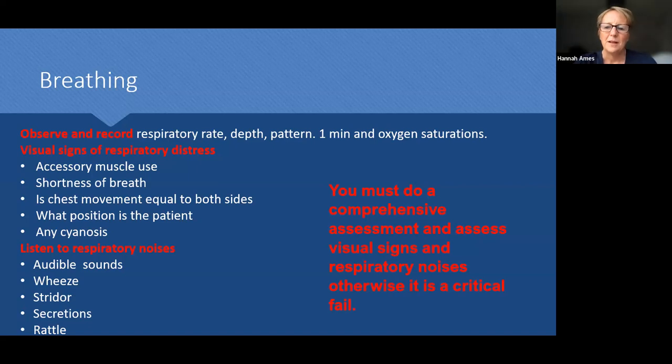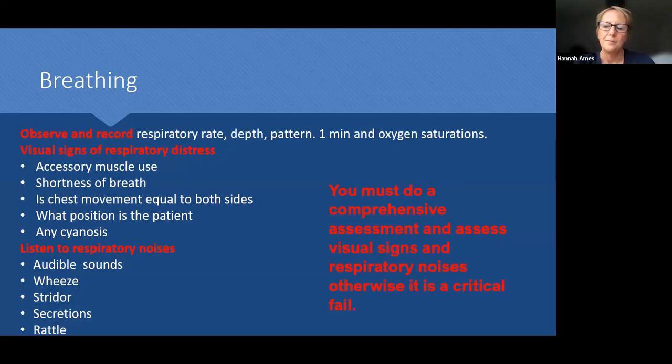During that 1 minute observation, you're also going to observe for any visual signs of respiratory distress, confirming if there were any or if there weren't any present. So you want to confirm that there was no use of accessory muscles, that the patient wasn't cyanosed, no seesaw breathing. You want to make sure and verbalise whether there was equal air entry in the chest. You don't have to listen with a stethoscope.